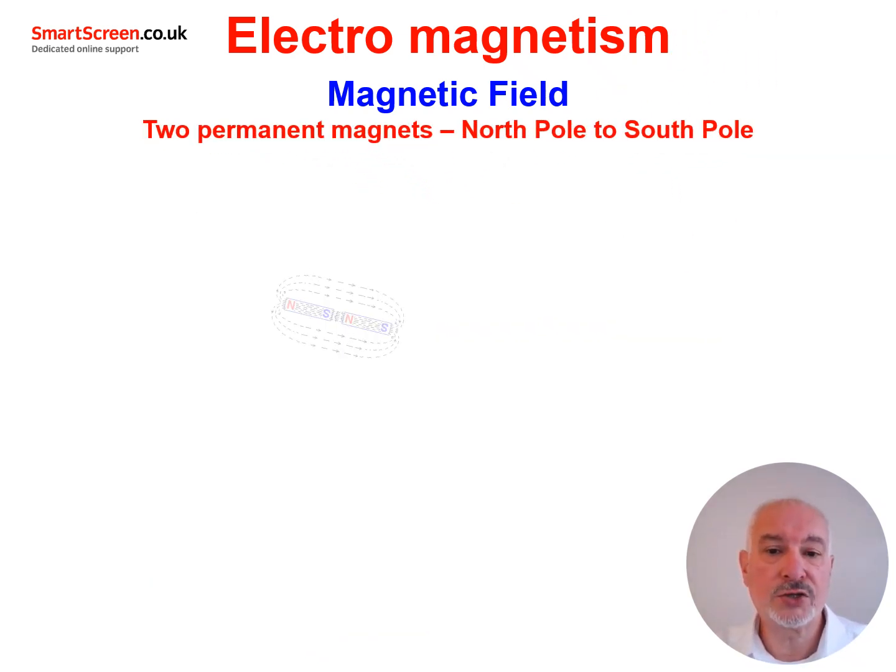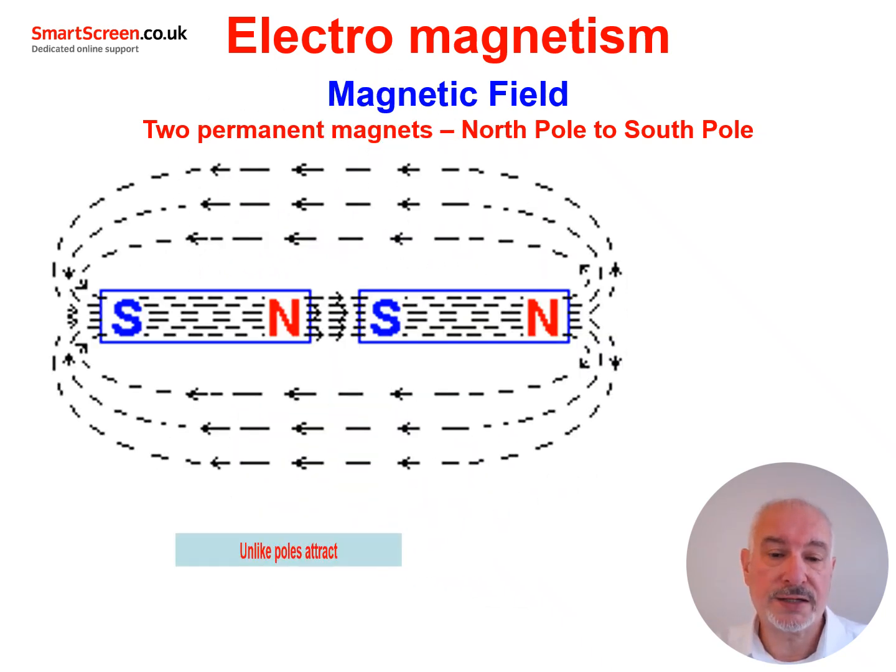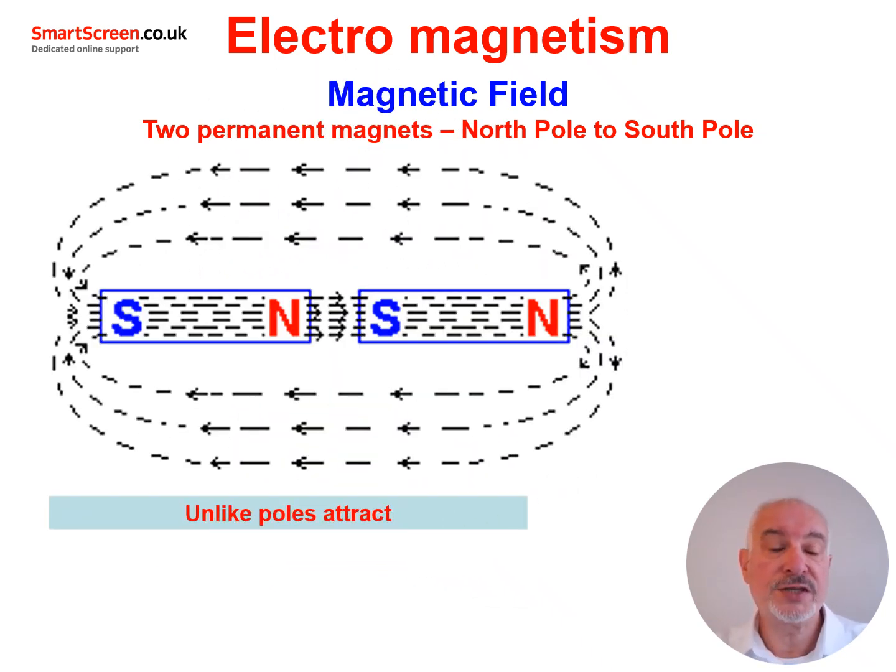So now we're going to look at two magnets facing each other, but this time with unlike poles. In other words, we've got the North Pole of one magnet facing the South Pole of the other magnet, and so there's an attraction of the poles. And this time the lines of flux will flow from north to south, but if the magnets are close enough to each other, that force will cause them to be pulled together, and effectively that creates one complete magnet out of the two.